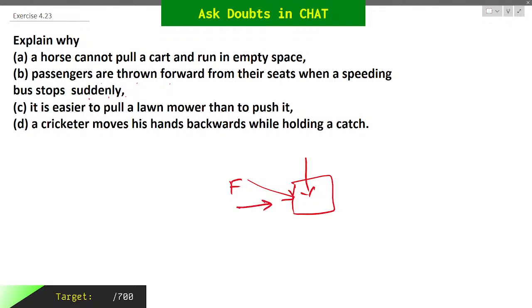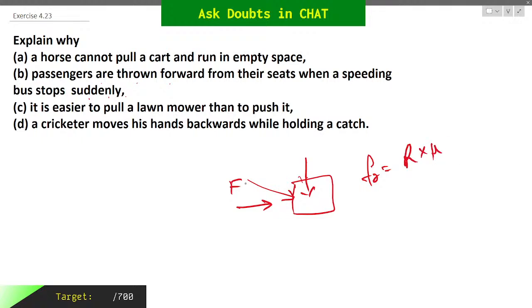Now we must understand why it is harder to push a lawnmower. It would be harder when there is more friction on the lawnmower. When we push the lawnmower, there is a vertical component of force adding to the normal reaction, and the frictional force is the normal reaction times the coefficient of friction.